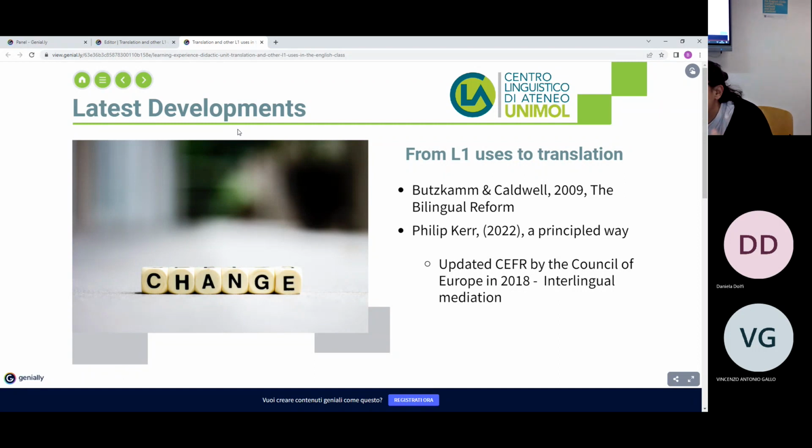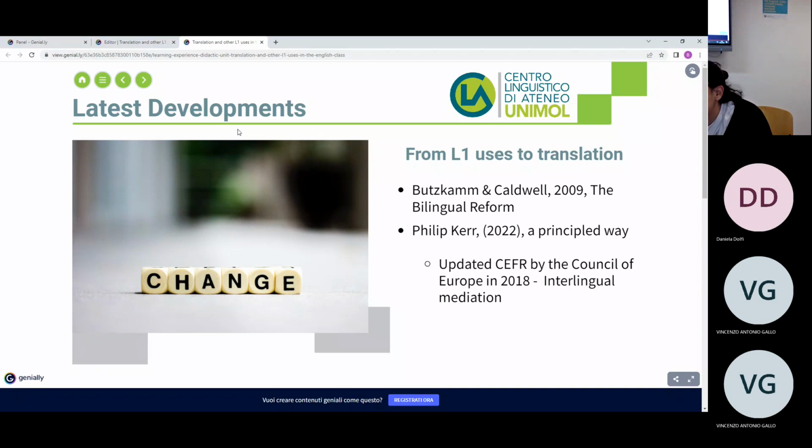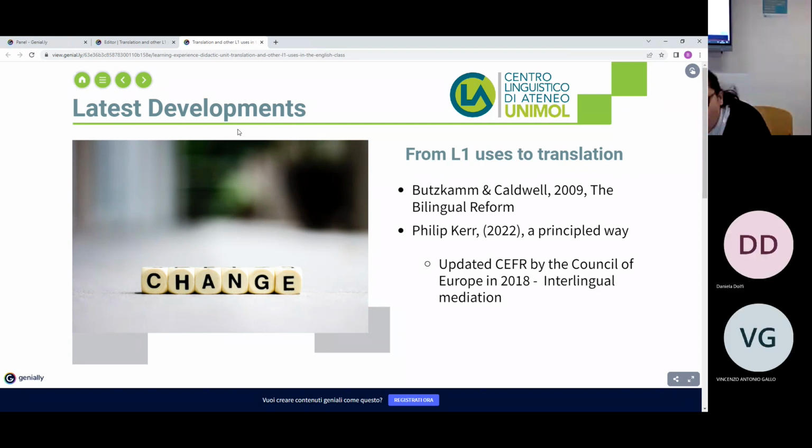So each level of the Common European Framework of Reference for Languages, the one we use at school and at universities to measure our learners' improvements in the language, should also include, yes? Okay, can you hear me?